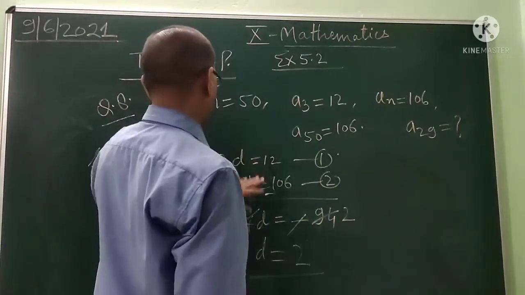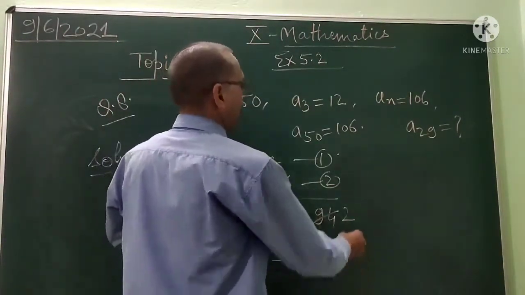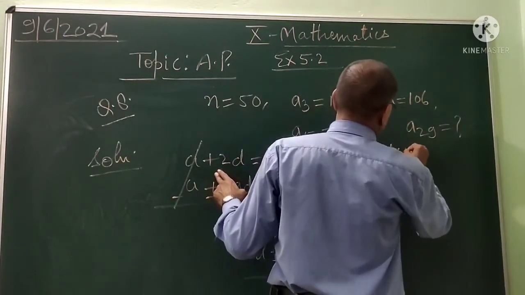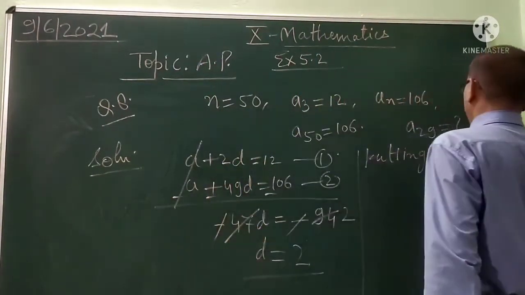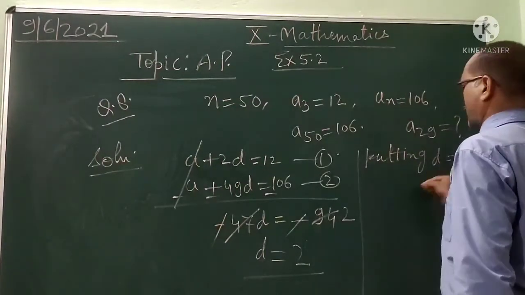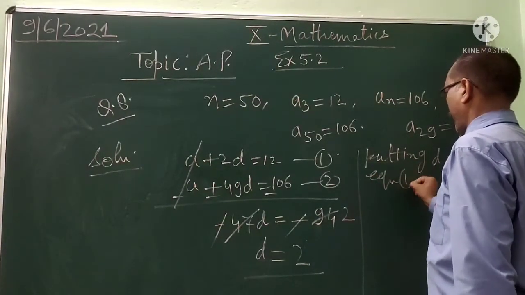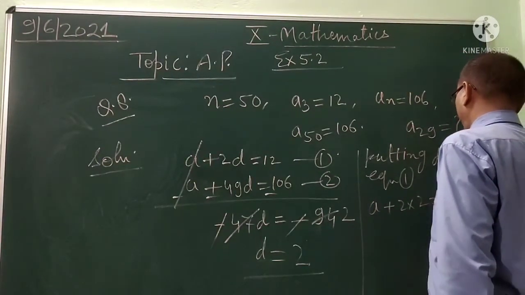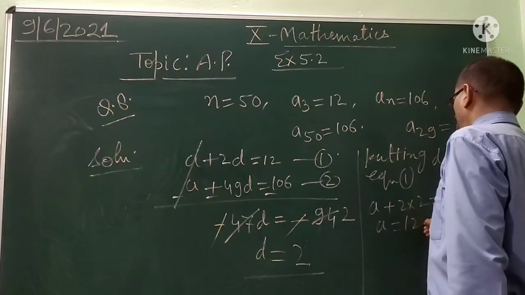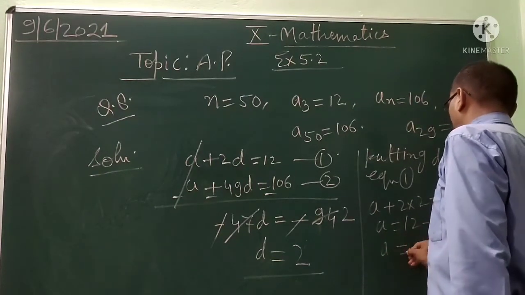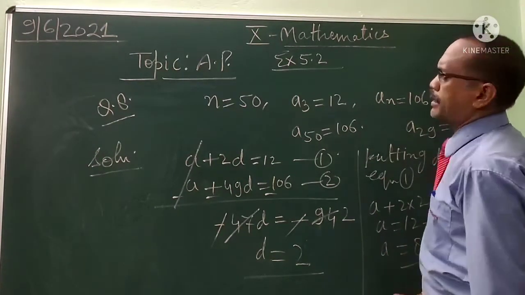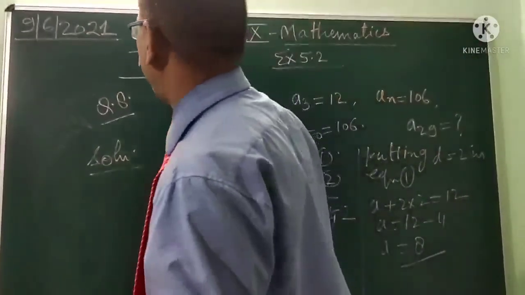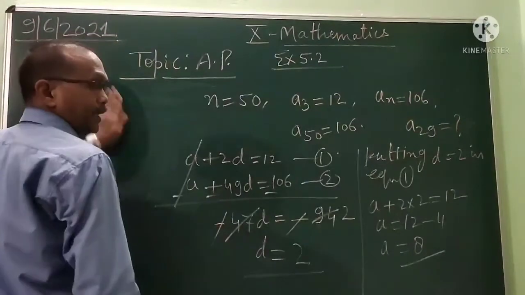Then we will find the value of a. Putting d equal to 2 in equation 1, a plus 2 into 2 equals 12. a equals 12 minus 4. Then a equals 8. The first term of this sequence is 8. Now we will find a29.